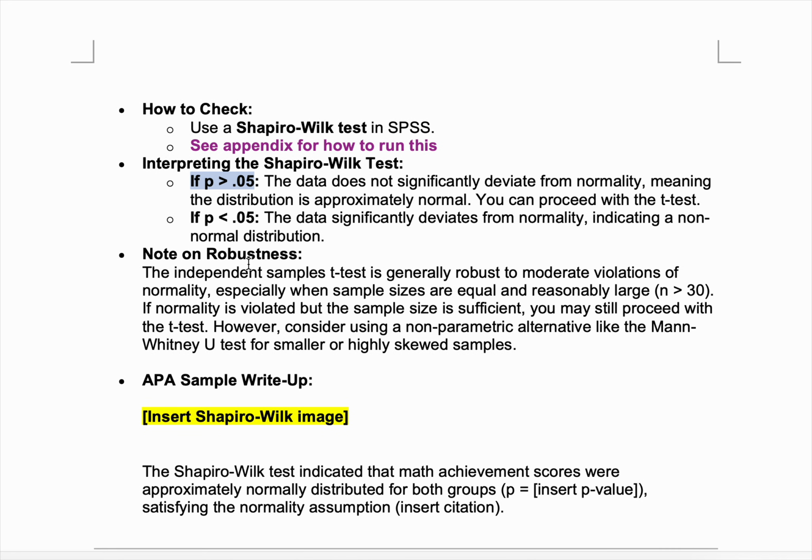Now, it's important to realize that even if you violate an assumption, you can still move forward with this test as long as you have more than 30 participants. So you would need to adequately articulate that because I have, say, 120 sample points, that's greater than 30, so my one sample t-test can continue even though this has been violated.